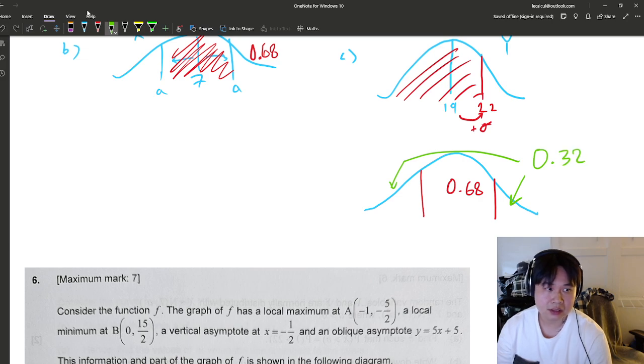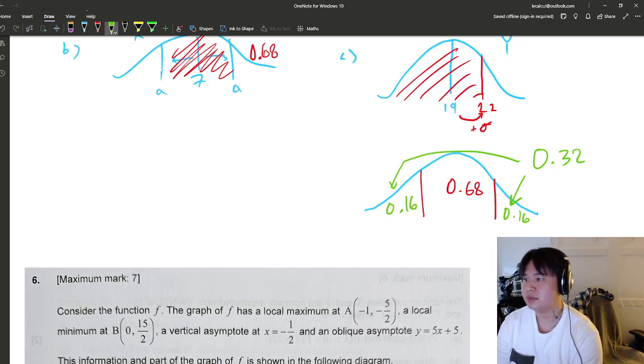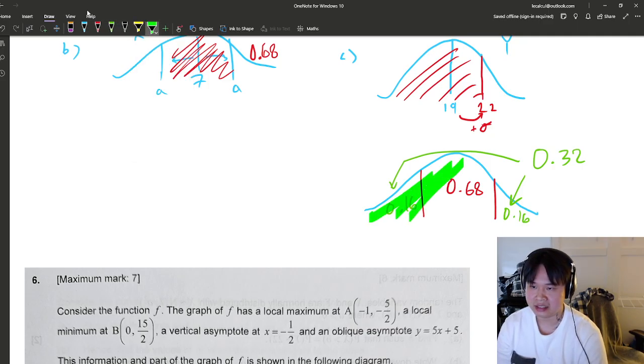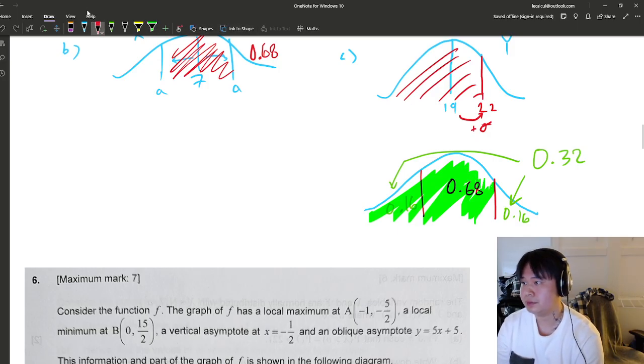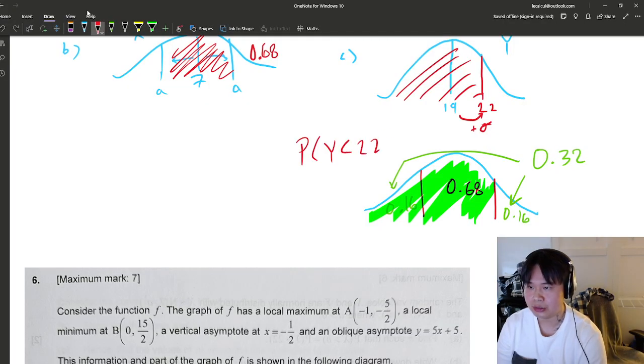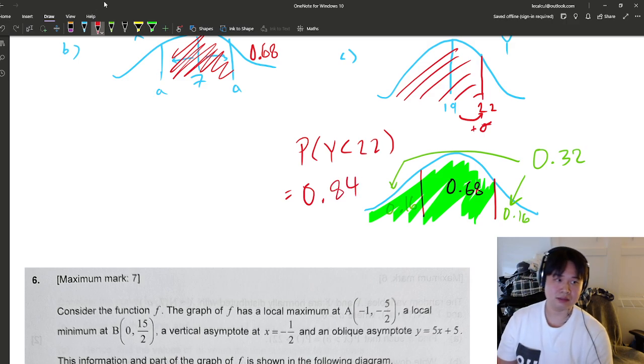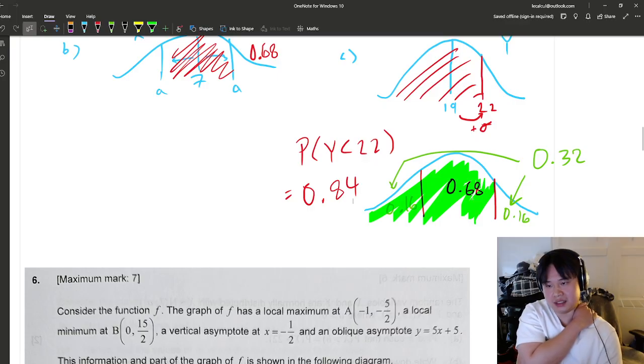Okay, 32, and then divide that by 2, so each one is like 16%? Something like this. Okay, and then we want essentially these two together, so add them up. The probability of y being less than 22 is whatever this is, like 84%. 0.16 plus 0.68.